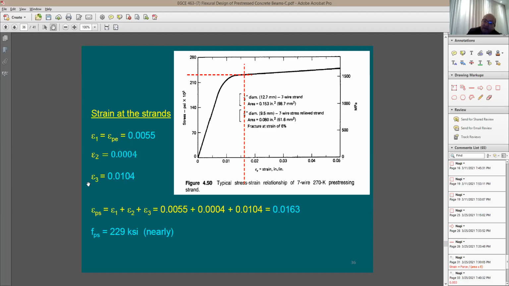And the strain just coming from that source. What source? From the capacity point. When you apply enough loads, you're going to have this much strain in the strands themselves. Now the total strain that you're going to have here in the steel is going to be equal to the summation of all three values. You're going to be at nearly 0.016.